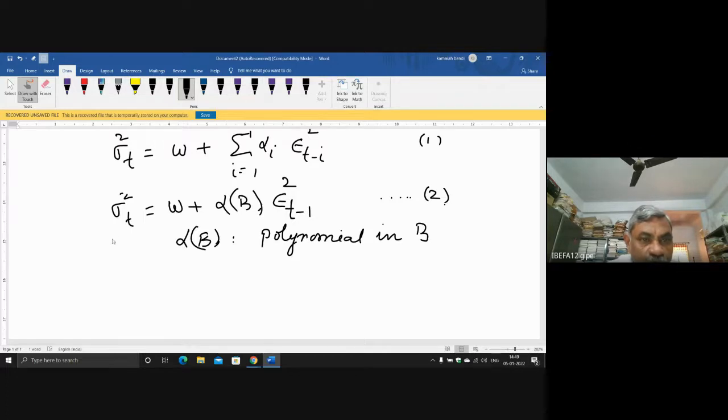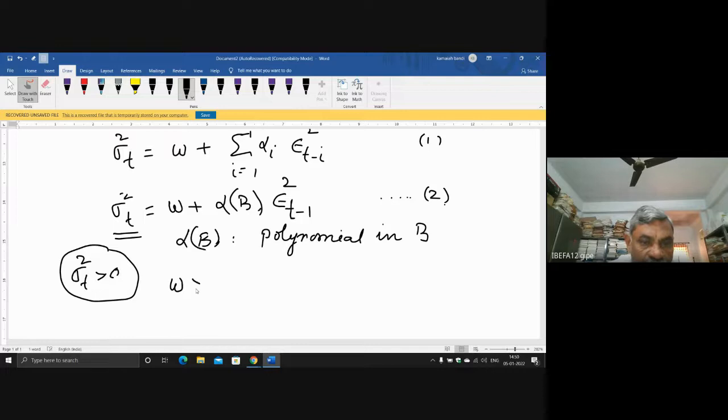Now, sigma square t, what is it? It is conditional variance. Technically, it is variance. Can variance be negative? No. So sigma square t should be positive. If this is to be positive, then what restrictions need to be imposed on the parameters in equation 1?